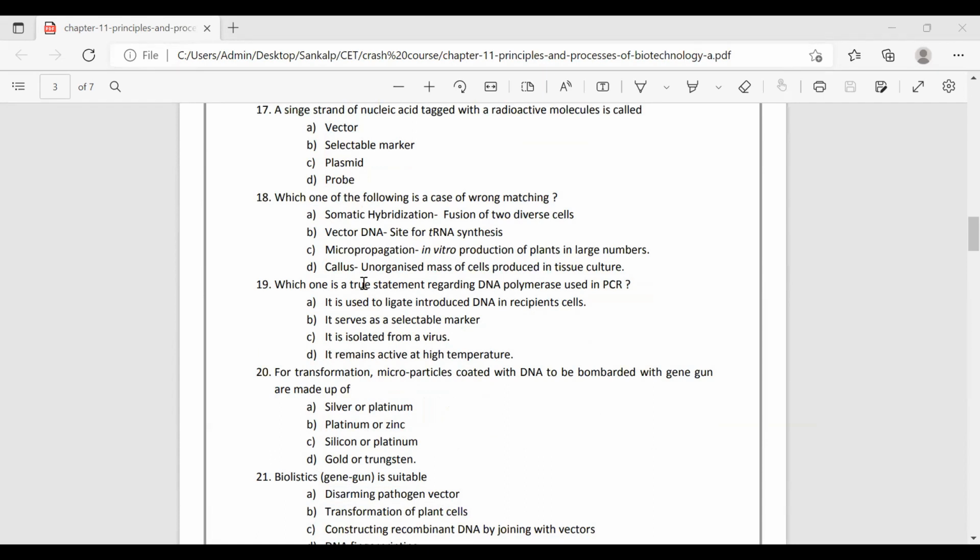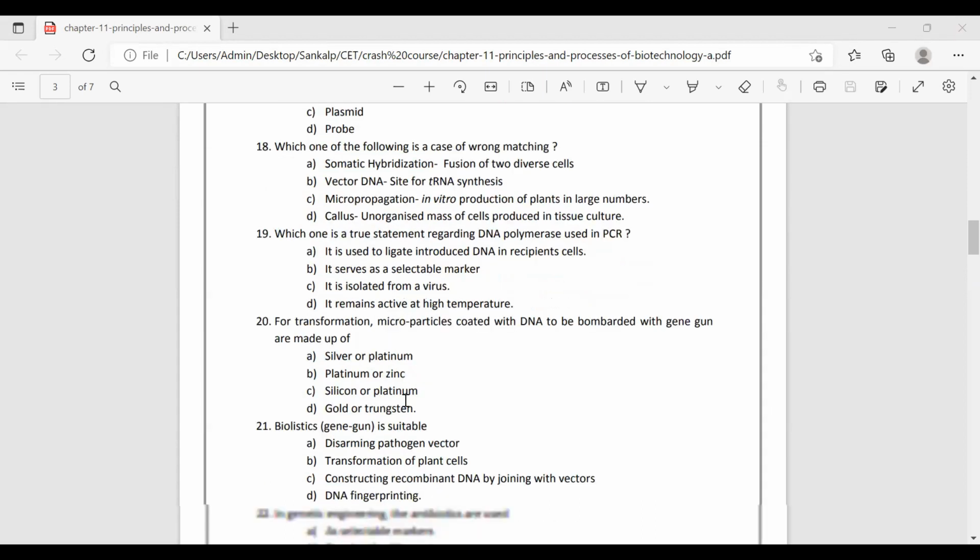D, ma'am. Ananya, Bhairesh, Janavi: D. So the 20th question is option D, that is gold or tungsten.